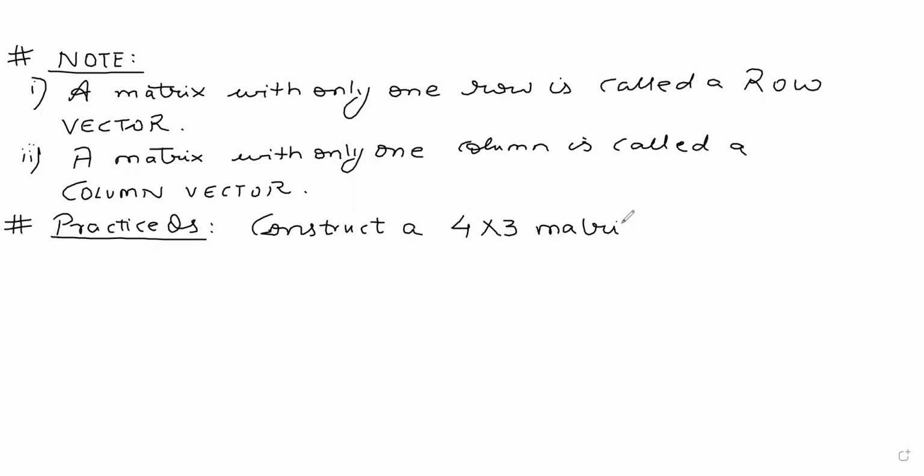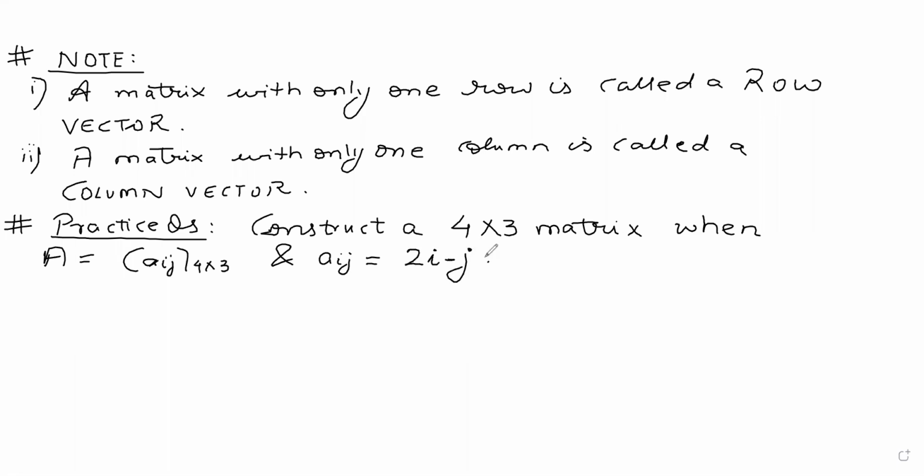Construct a 4 cross 3 matrix when its general form is given as A is equal to Aij, which is 4 cross 3, and Aij is given to us as 2i minus j. So we need to construct a 4 cross 3 matrix when this is the information given to us. Okay, so let's work this out.